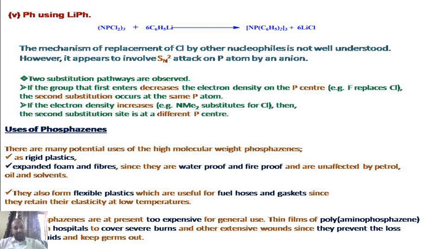The last part of this topic is the uses of phosphazenes. These phosphazenes have many potential uses. They can be used as rigid plastic.